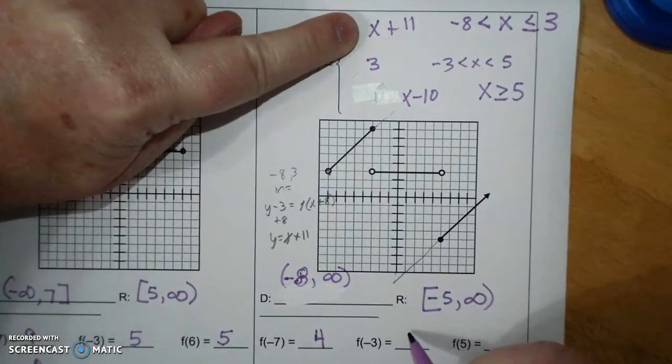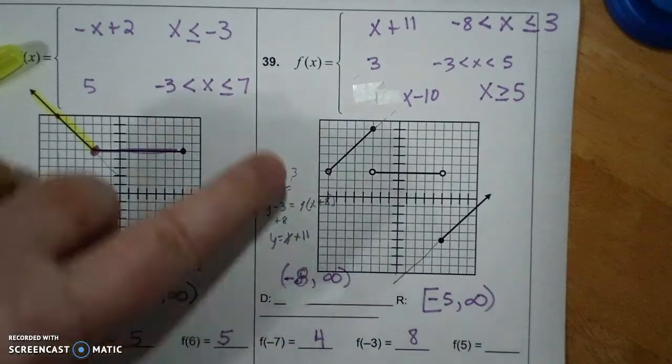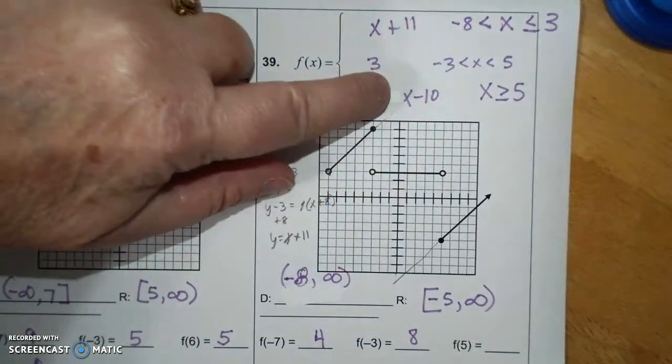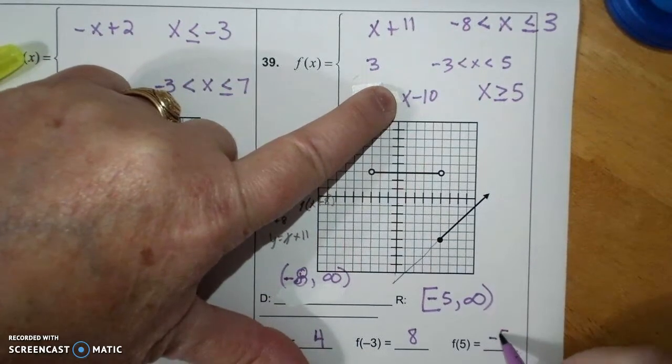Negative 3 plus 11 is 8. 5 fits in here. So 5 minus 10 is negative 5.